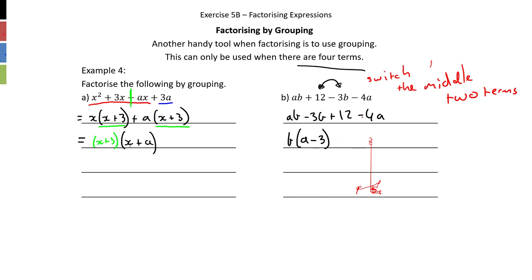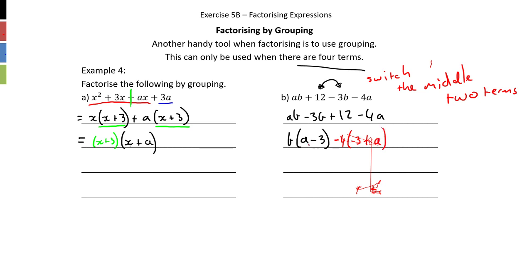What we're going to do, we took out a common factor of 4, but we ended up with 3 minus a, so the signs are incorrect. So we're going to take out a common factor of negative 4. That means we need negative 3 plus a.